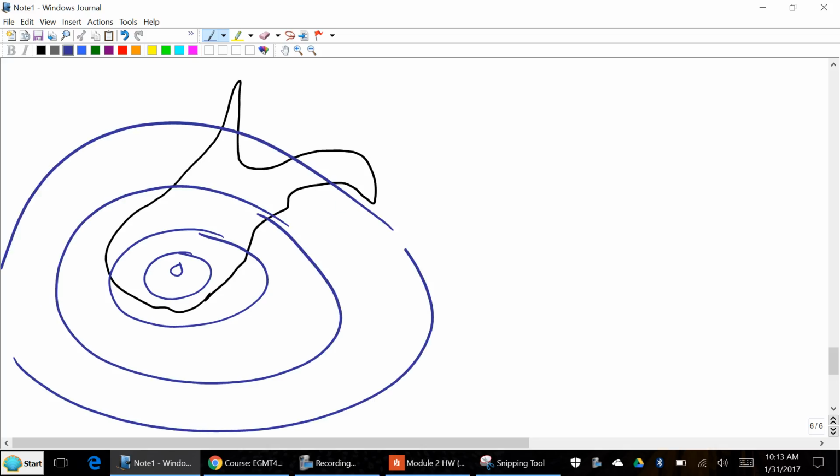Well, what could this represent? This could represent temperature, could represent pressure, could represent snowfall, if you wanted to do that.